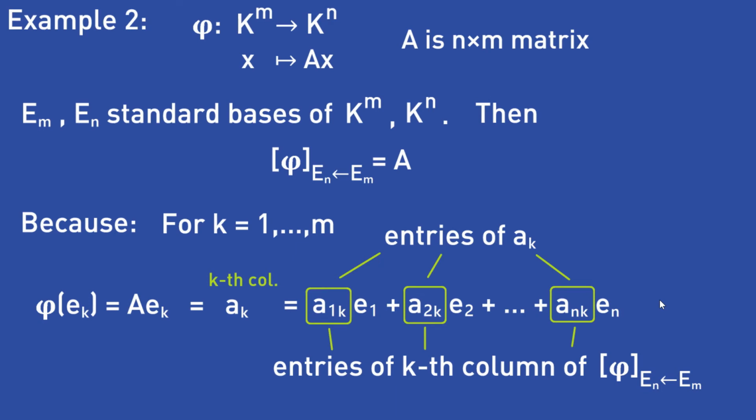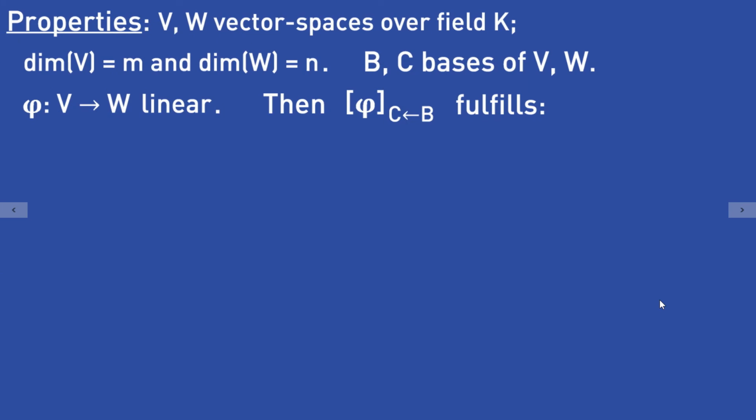Let's take a look at some properties of the matrix representation now. So we have two vector spaces V and W again over a field K. The dimension of V is equal to m and the dimension of W is equal to n. B is a basis of V and C is a basis of W. Phi is a linear function from the space V to the space W. Then the matrix representation of phi with respect to the bases B and C fulfills the following.